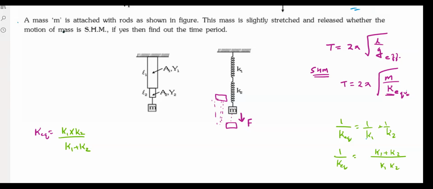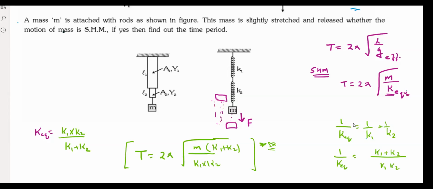Everyone got this? Now, if I put this value here, what is the time period? The time period is given by 2 pi root m by K equivalent. I will put this value here. So it is K1 into K2 over K1 plus K2. Any issues in that?